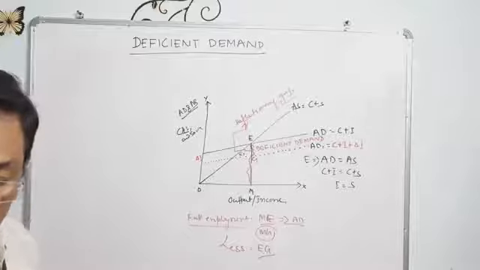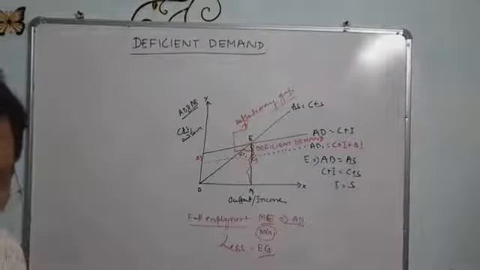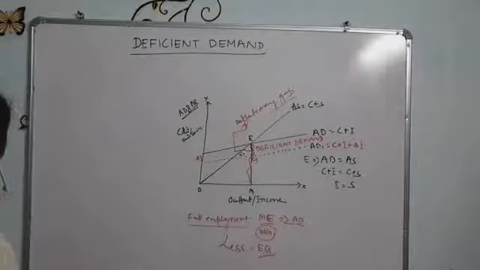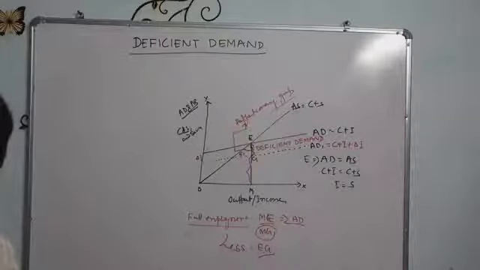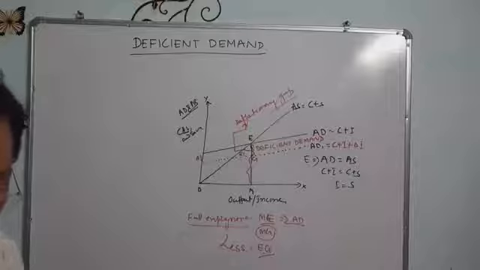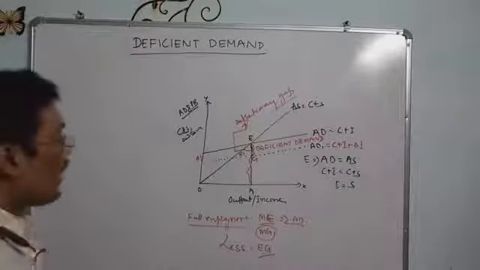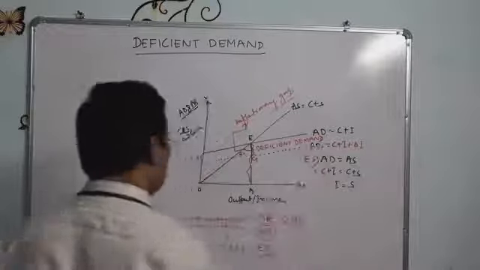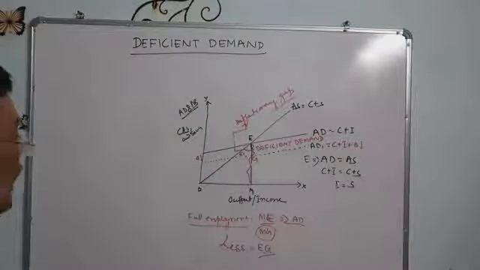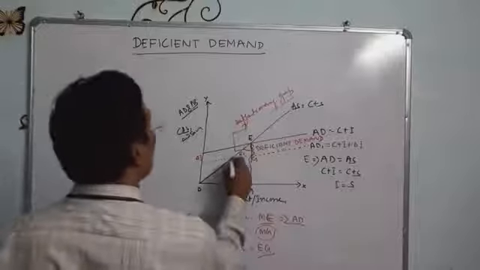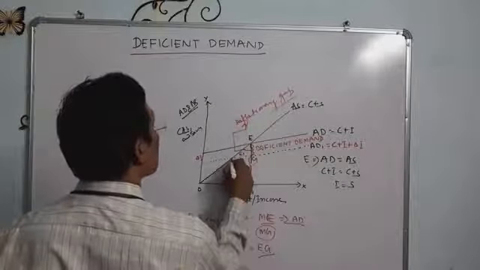So deficient demand gives rise to a deflationary gap, which causes the economy's income, output and employment to decline, thus pushing the economy into an underemployment equilibrium. So whenever I draw AD dash, it intersects the aggregate supply at this point E1.